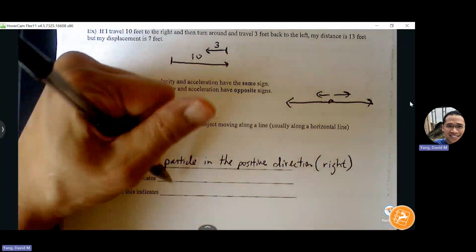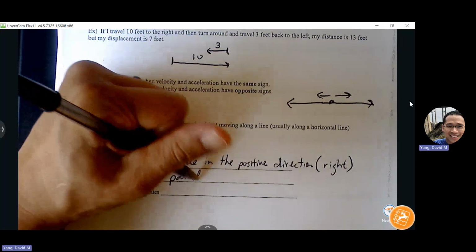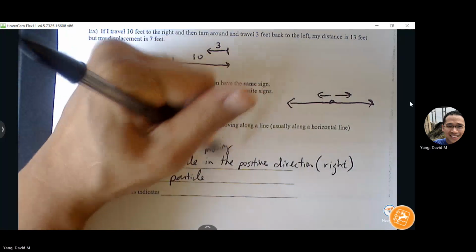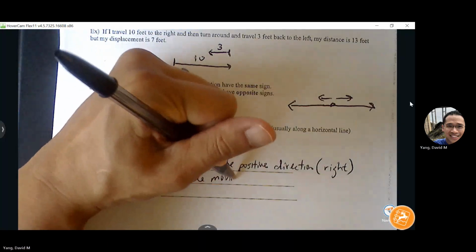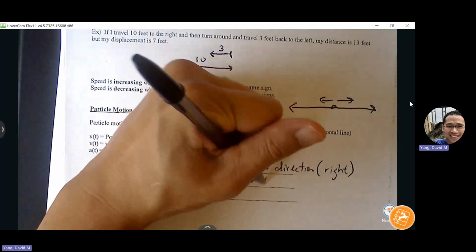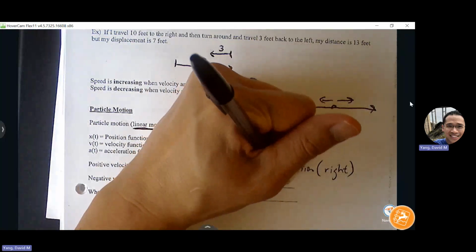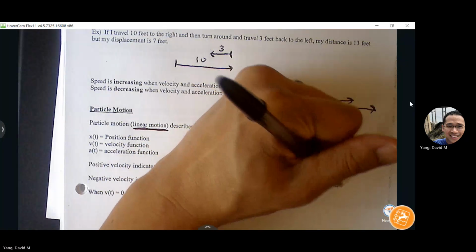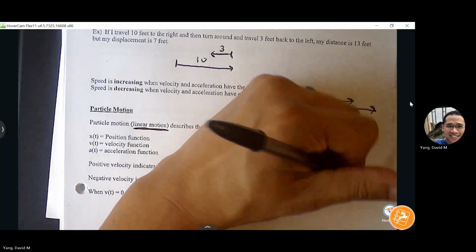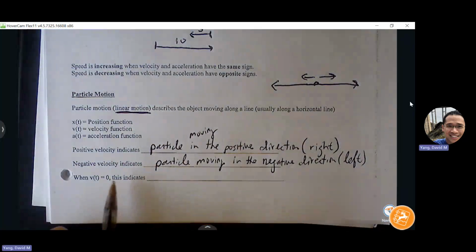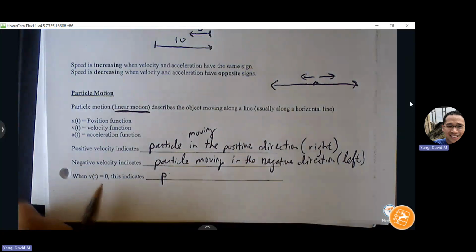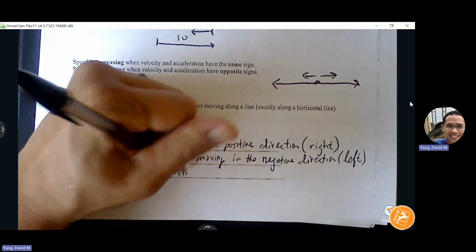Negative velocity means the particle is moving in the negative direction, which is the left. And v of t equals 0, what do you think this means? Stay put. Yeah, that's right. The particle is at rest, so the particle is not moving.